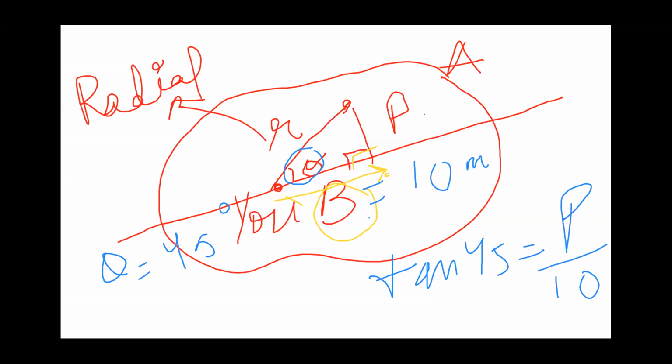The value of tan 45 degree is 1, so p will turn out to be 10 meter. We are basically interested in p only. Is this clear to everyone, how we calculated our perpendicular?